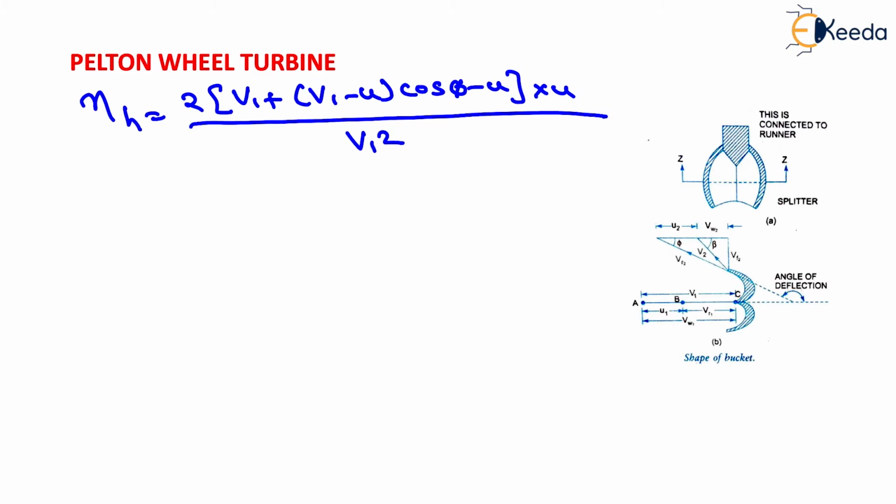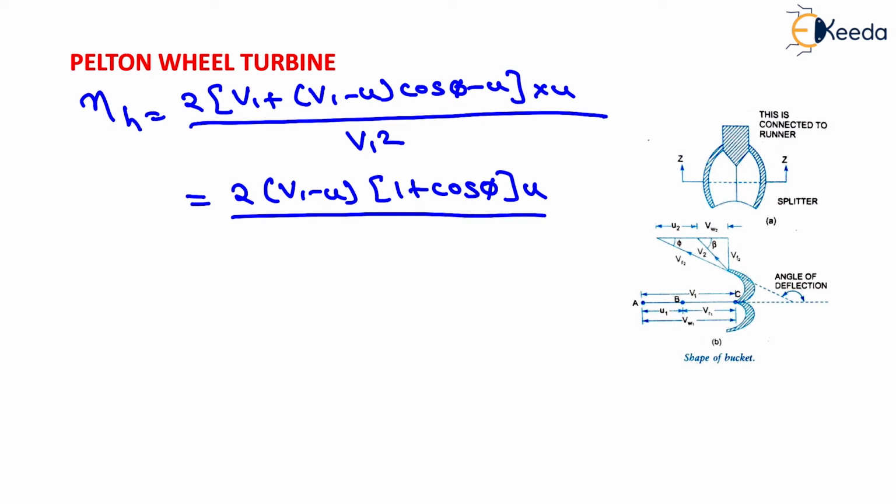Now on rearranging this, we will have 2 into (V1 minus U) into (1 plus cos phi) into U upon V1 squared. That is the value of hydraulic efficiency.